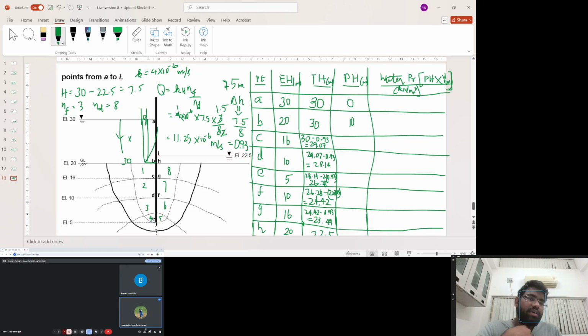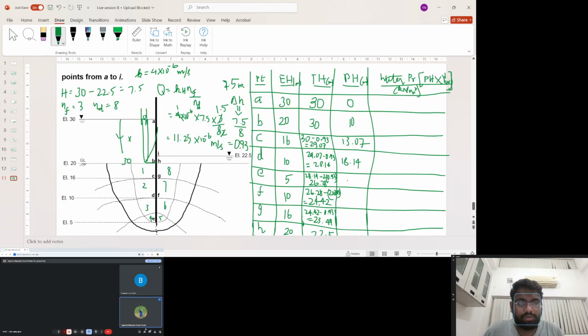Now we can get the pressure head, which is total head minus elevation head. So now you can separate each column. 29.07 minus 16 will give us 13.07. Here 28.14, it will be 18.14.